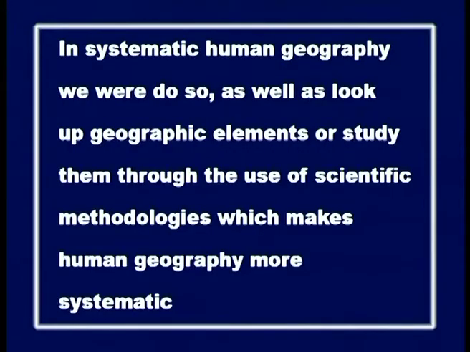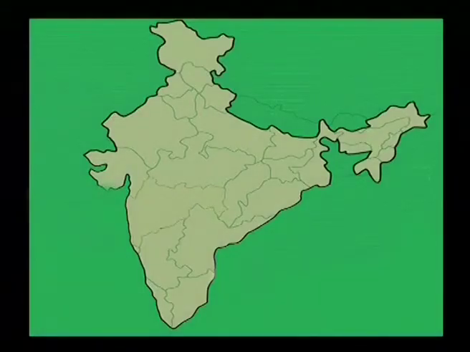In systematic human geography, we would do so as well as look at geographic elements or study them through the use of scientific methodologies which make human geography more systematic. Indian geography therefore belongs to regional geography with synthesis characteristics.